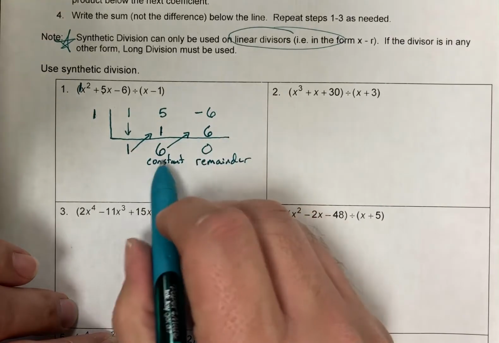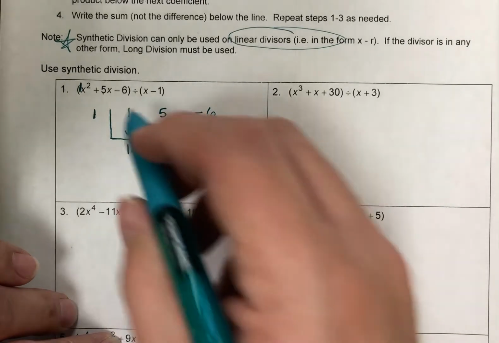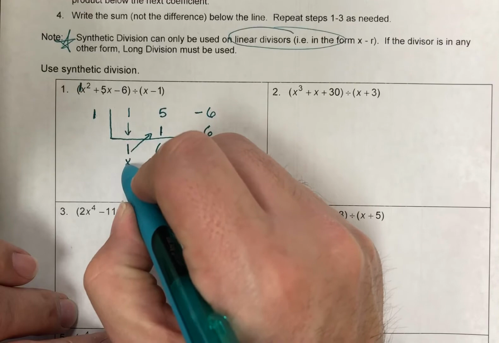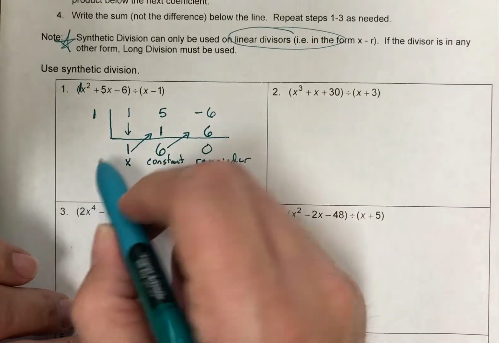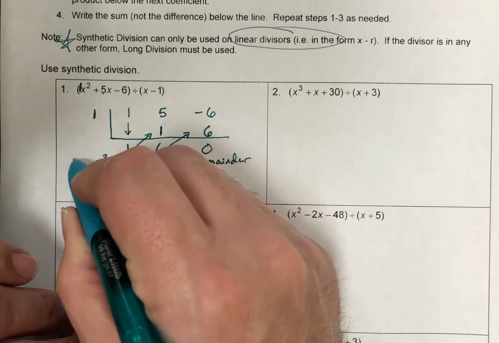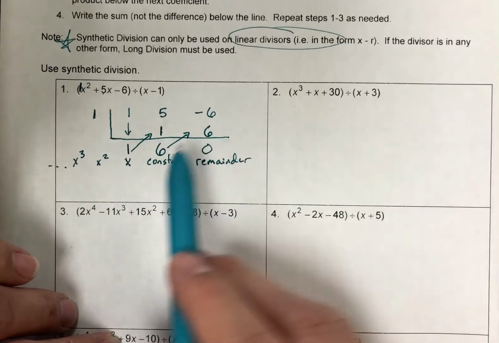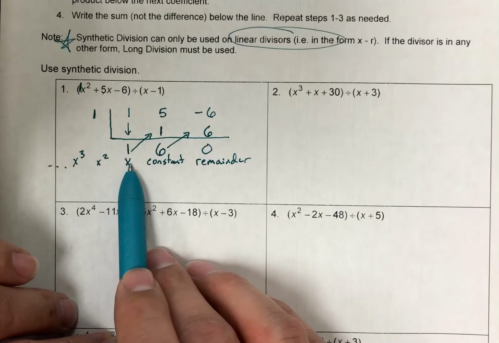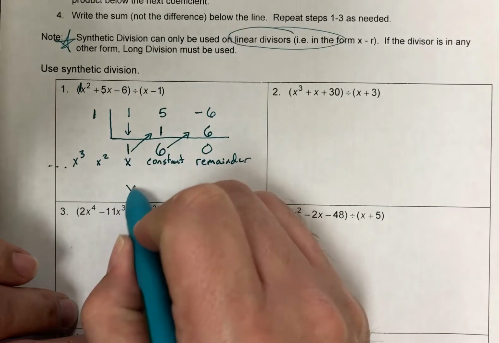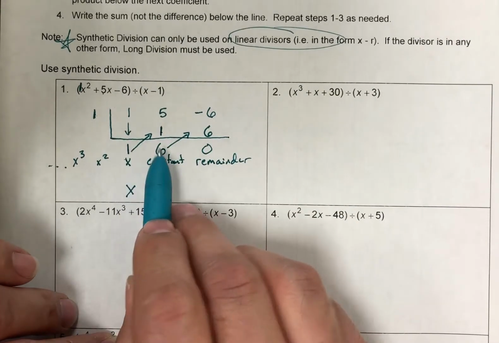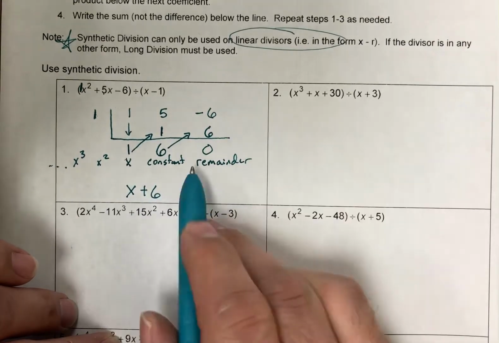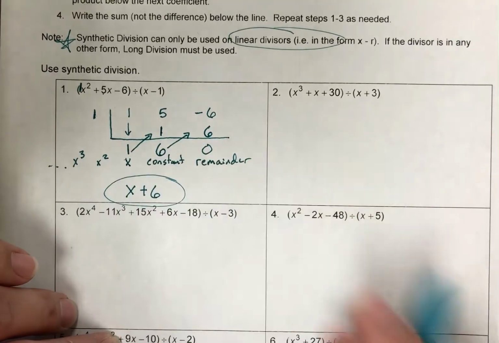So that means this number does not have an x in it. And then the next number is going to be the x term. And if we had more numbers, it would go x squared, x cubed, and so forth, right? But we just stop right here at the x term. So we're going to have 1x plus 6, because that's a +6. And there is no remainder, so this is our final answer.